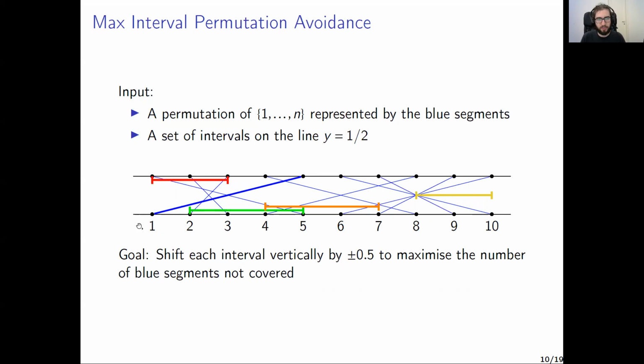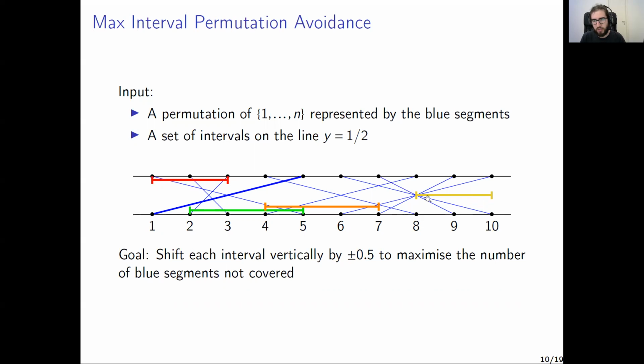And indeed, here you can see this blue segment is uncovered. And whatever we do with the yellow interval later, this blue line segment will still be uncovered. So that's good. Now let's consider these blue line segments between 4 above and 8 below.